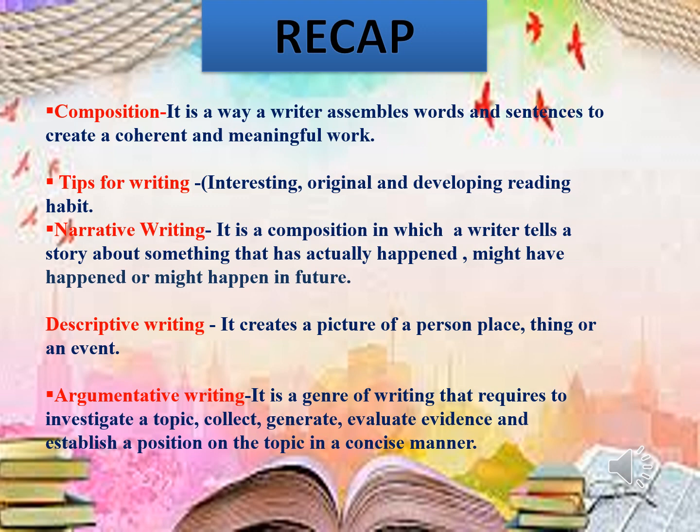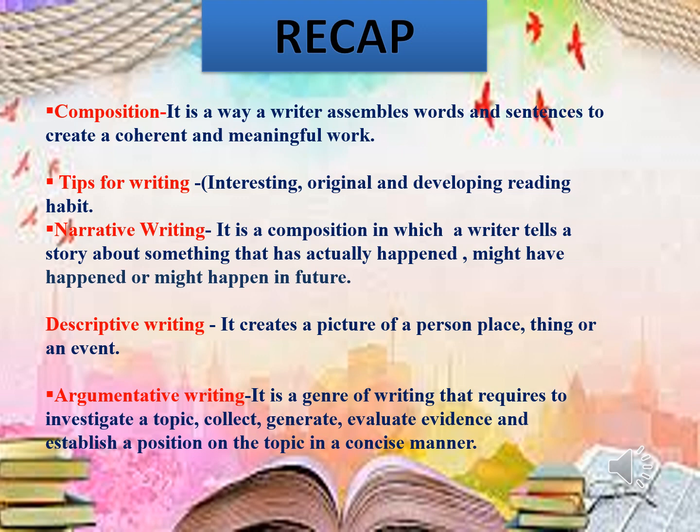Then we discussed our first type of composition, that is narrative writing. It is a writing in which a writer tells a story about something that has actually happened, might have happened, or might happen in future. Then we came to our second type, that is descriptive writing. Descriptive writing creates a picture of a person, place, thing, or an event.